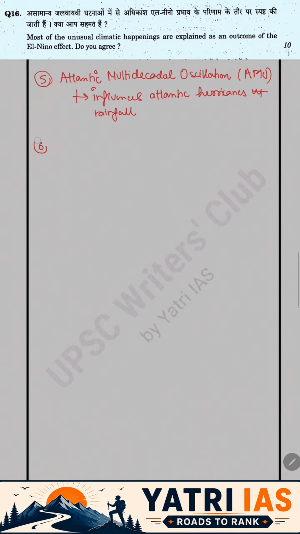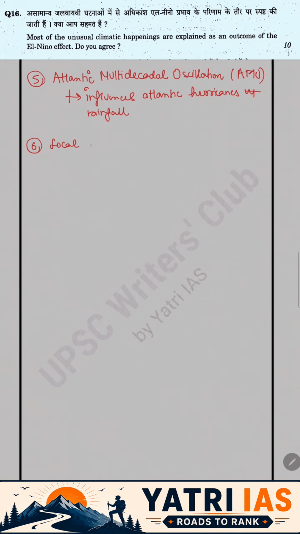And the last but not the least is local anthropogenic factors. What are those? For example, urban heat islands, this is our creation.